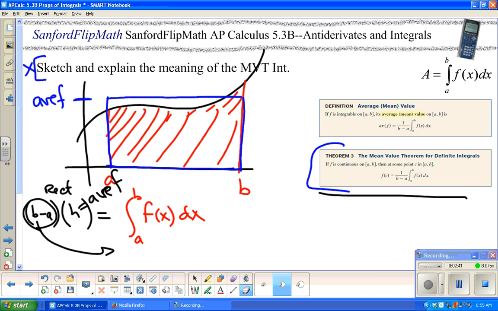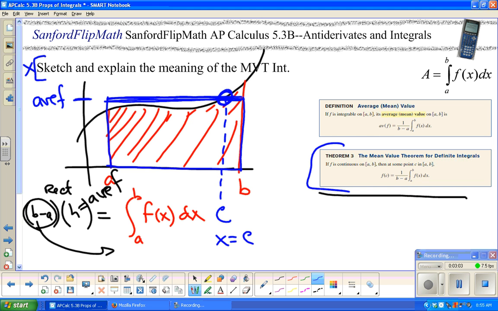Now, at some point, based on the way I drew it, this height is going to be equal to the height of the curve itself. Notice this is the spot where they intersect. So that x value is c.